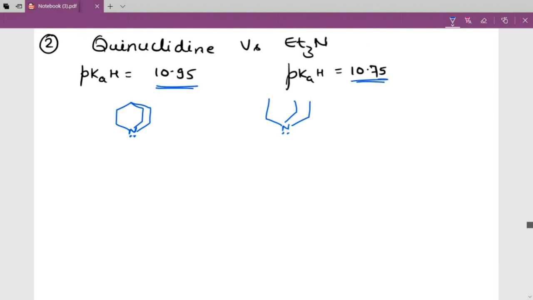For quinuclidine, the pKa values, that is the conjugate acid Ka values, are given. Kb is directly proportional to pKa of the conjugate acids.